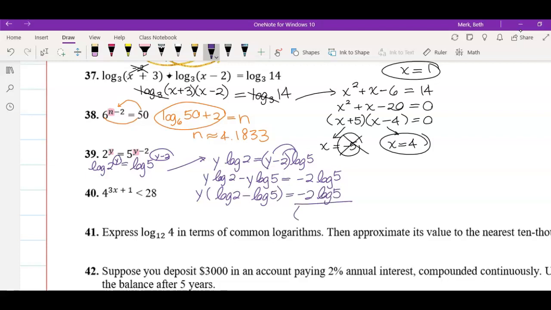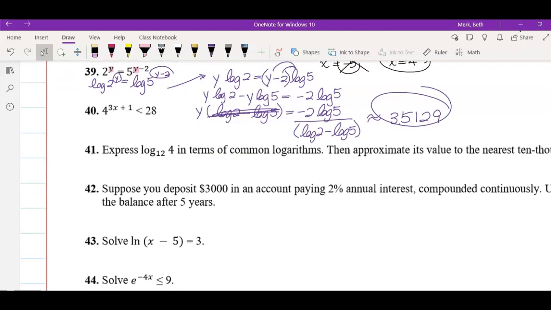And I'll divide both sides by log 2 minus log 5, which eliminates it over here. And this is approximately, when you type that in your calculator, 3.5129.